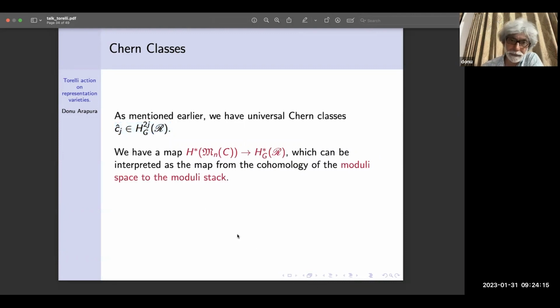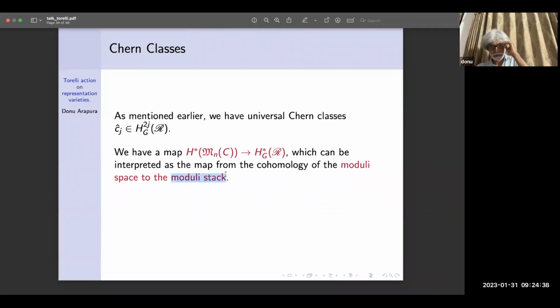But now we have a map from the cohomology of this moduli space to the equivariant cohomology. And since we're moving into more algebraic geometry, one way to interpret it, if you prefer, is that this is a map from the moduli space to the moduli stack.